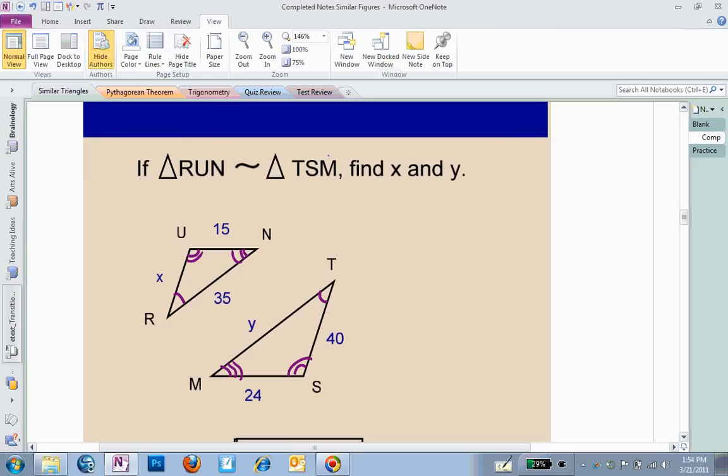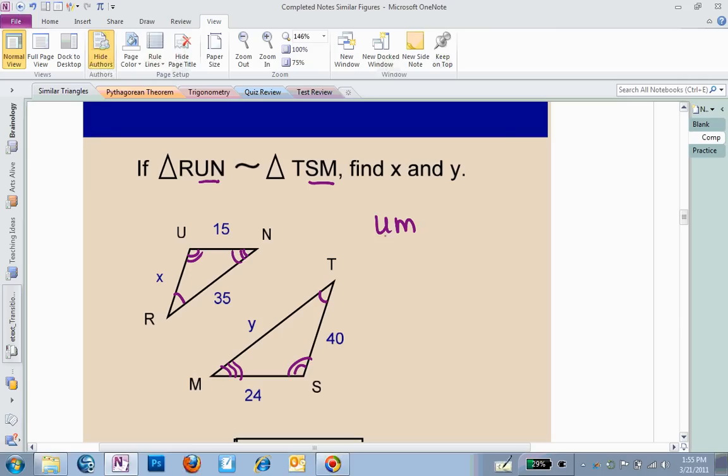So I want to figure out what the length of side RU and what the length of side MT are. So I have two proportions to solve, one for each of those variables. The first thing I'm going to do is find corresponding sides where I know what the lengths are. For example, in this case, UN is 15, and it corresponds with SM, which is 24.